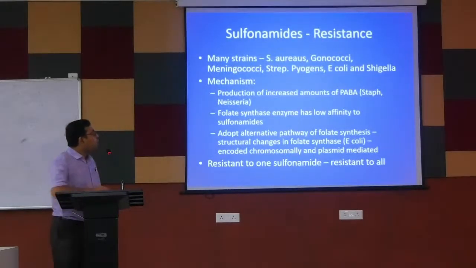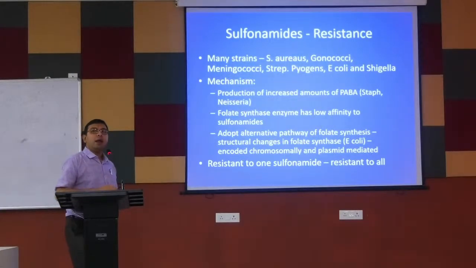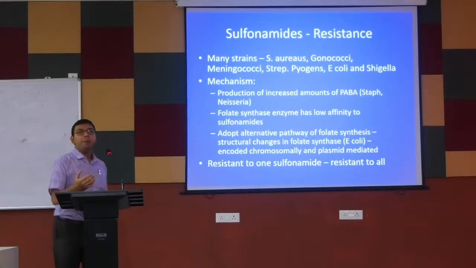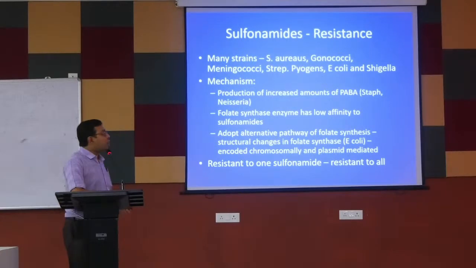Okay. So now it has been seen that many bacteria become resistant to these sulfonamides. Many strains, Staphylococcus, etc., become resistant. There are different types of mechanisms. Details are not required. Just remember there will be production of an increased amount of PABA. The folate synthesis enzyme has low affinity to sulfonamides in some bacteria over time. And there may be an alternative pathway for folate synthesis.